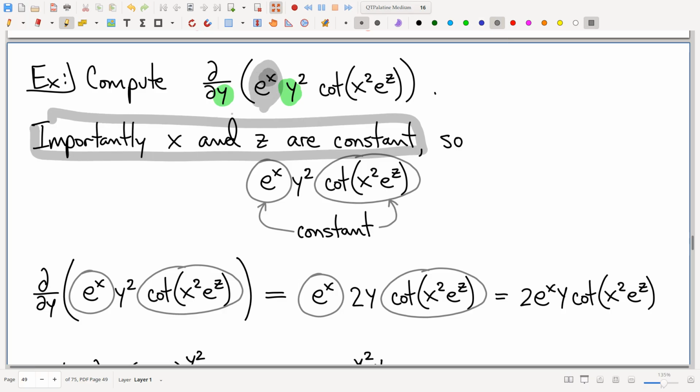That means e to the x is a constant. X is constant, therefore x squared is constant. Z is constant, therefore e to the z is constant. Therefore this product is constant. Therefore that cotangent is a great big, ugly to be fair, but constant. And we treat the constants as if they're constants.